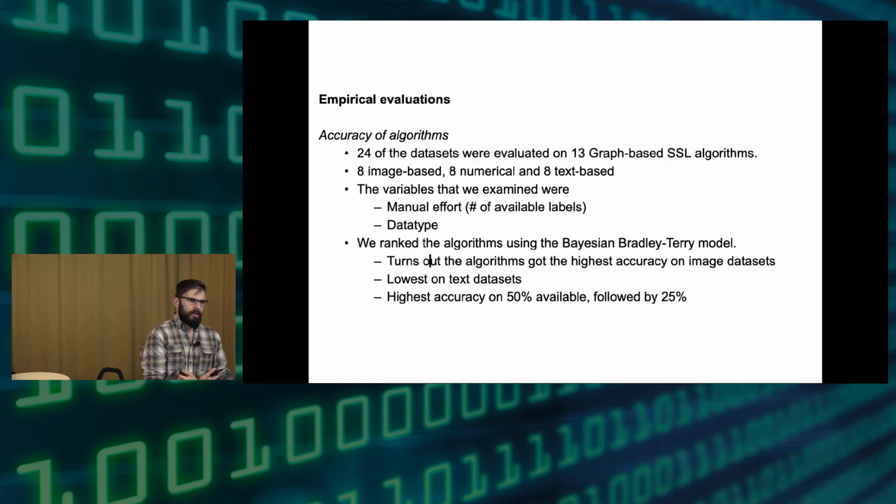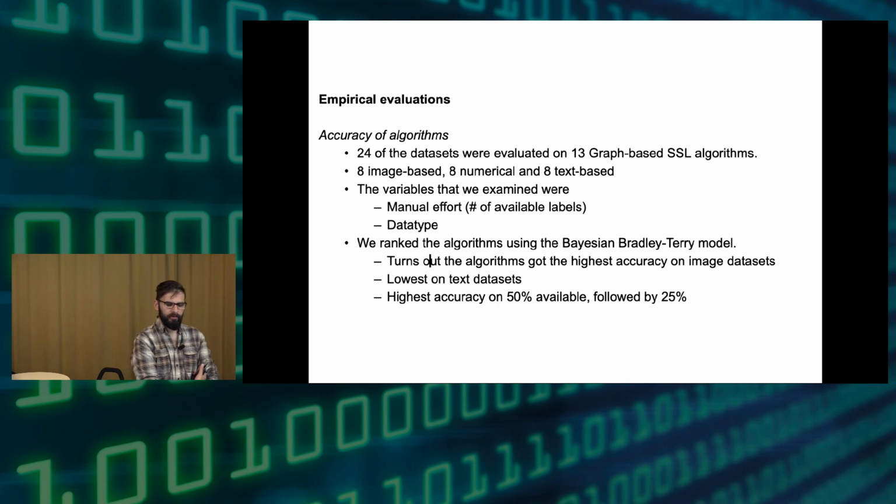And in one of the papers, actually 2 of them, we took 24 data sets, the most common ones, the ones that are easiest to get hold of, and then we evaluated them using 13 graph-based semi-supervised algorithms. We had 8 image-based, 8 numerical, and 8 text-based data sets. Then we divided them into 2 different variables, manual effort and data type.